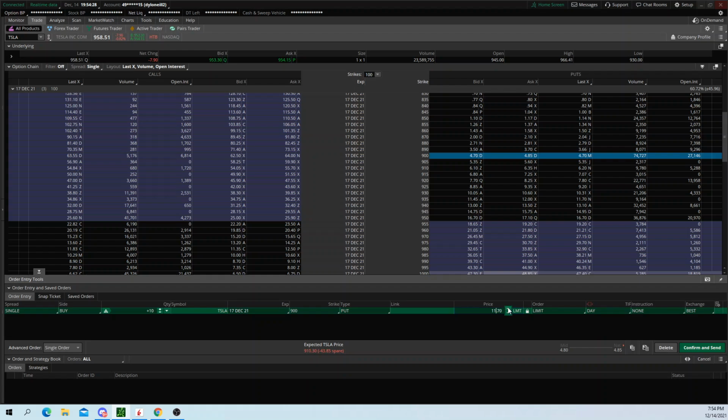At around $910, we can speculate that the premiums on the $900 strike put will be around $11.75. Like I said, I tend to go a little bit less because it's not always 100% on the money. So in this case, I would do about $11.50.